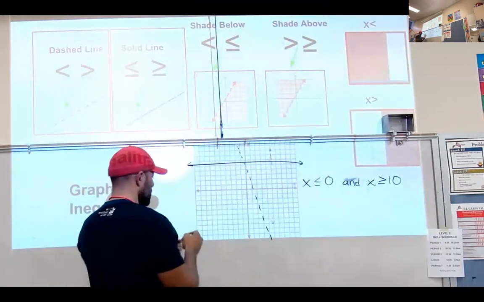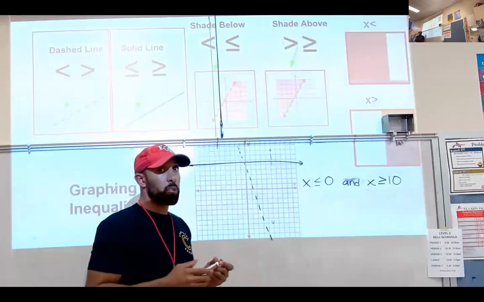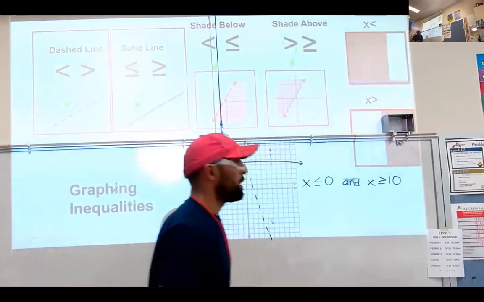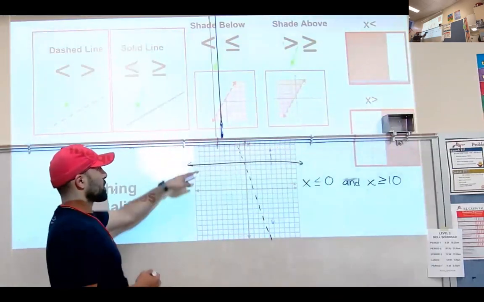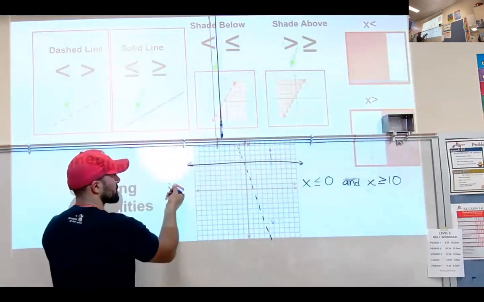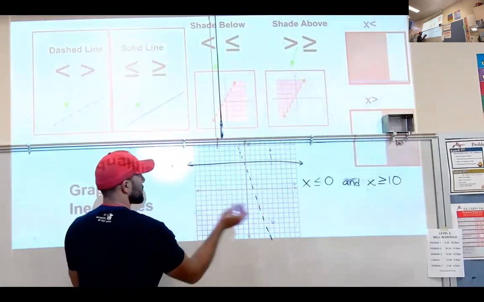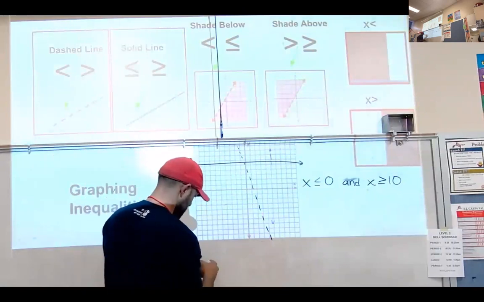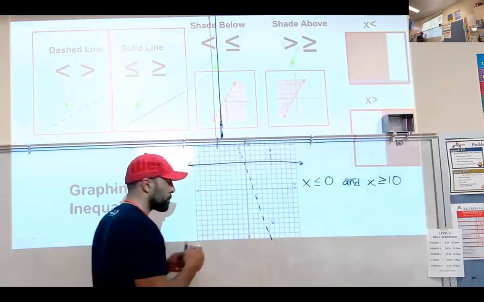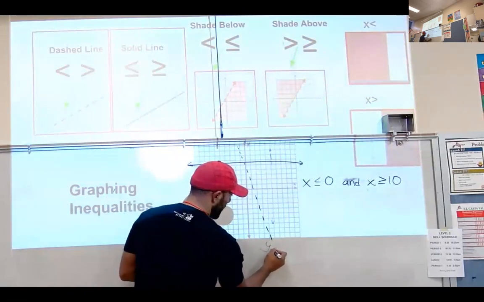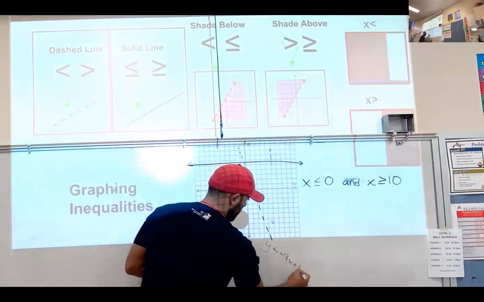I'm going to use two different colors to show you the same idea, because that might help some of you understand where to shade. So for this line, which was y is less than or equal to 6, and then for this one, that was y is less than -9x plus 1, all right?